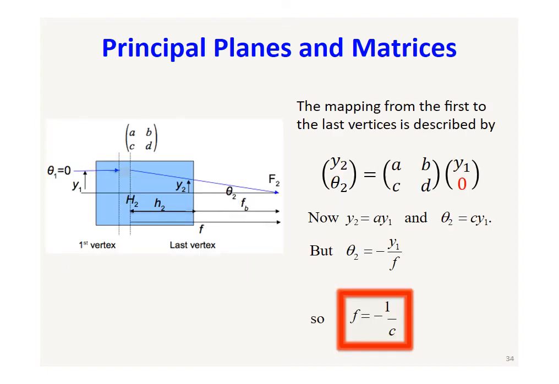So the system that we work out here will be our system matrix here. We'll find out that the effective focal length of our thick lens is going to be minus 1 over C.